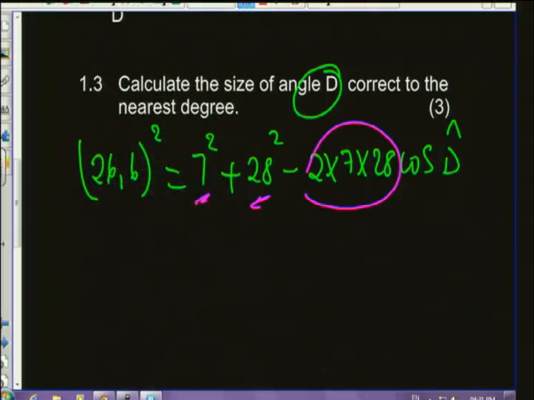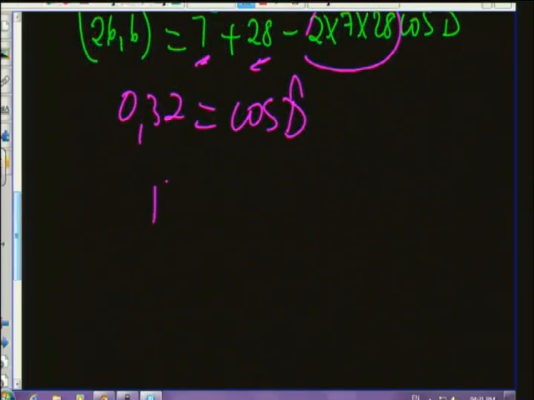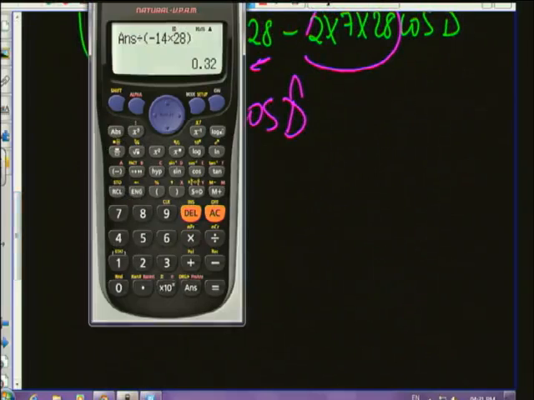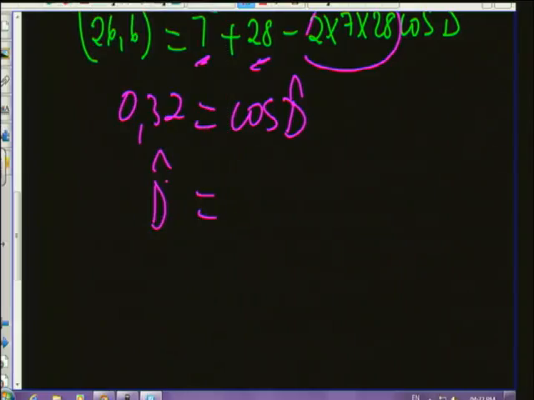So in other words, we have 0.32 equals cos D. Now, cos D is the subject of the formula, but we want to work out what D is. So it's now easy again. We're going to say shift cos of 0.32. Okay, so this is our answer. So you're going to say now shift cos of our answer equals, so we get 71.33.